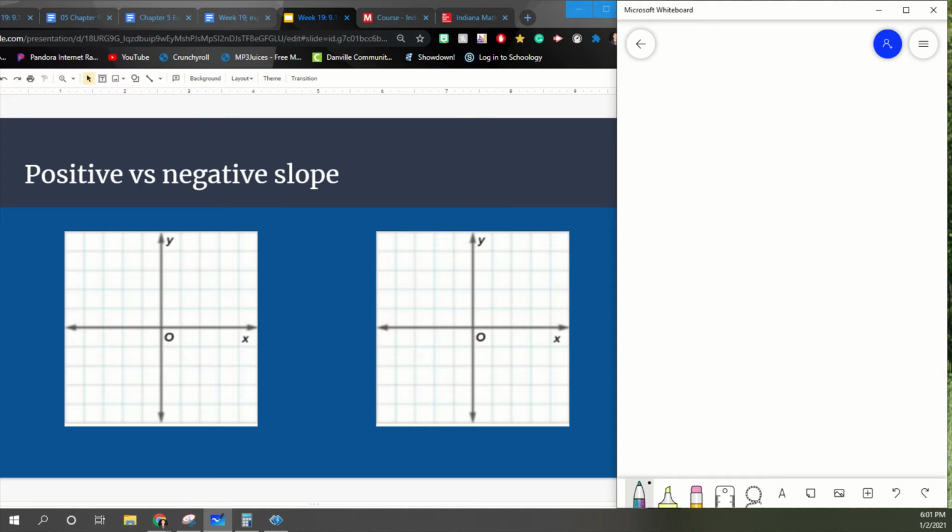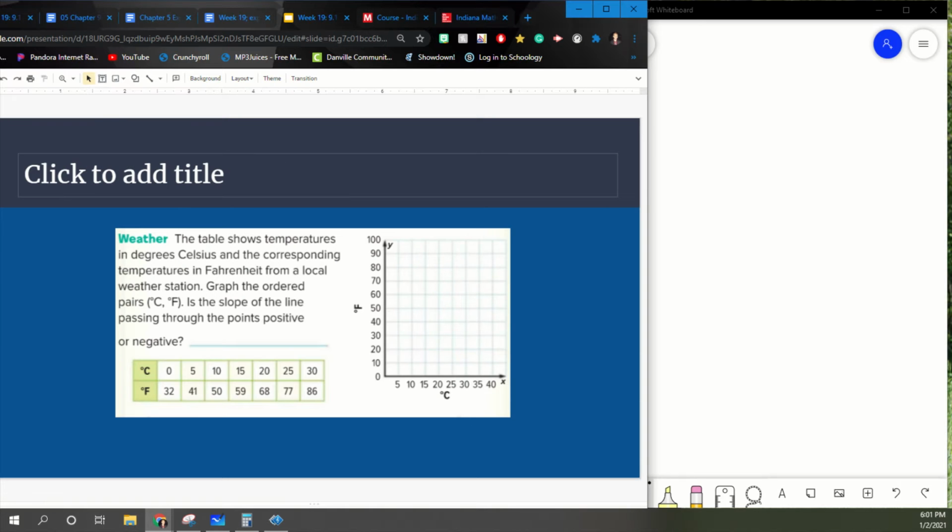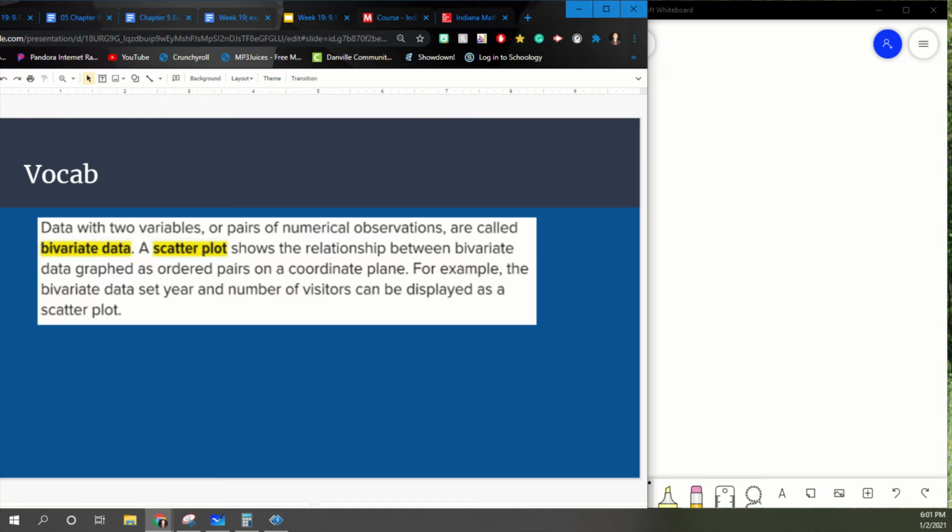Let's take a look at what one of these problems would look like. So, I'm going to skip that problem. First of all, what is a scatter plot? Data with two variables, or pairs of numerical observations, is called bivariate data because we have two variables. A scatter plot shows the relationship between bivariate data graphed as ordered pairs on a coordinate plane.